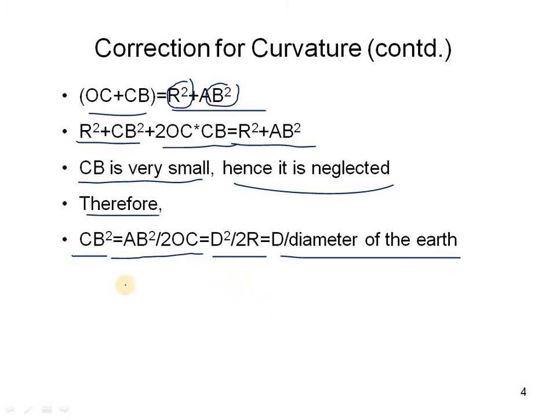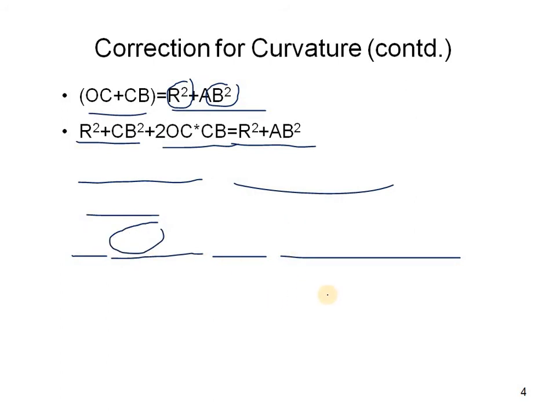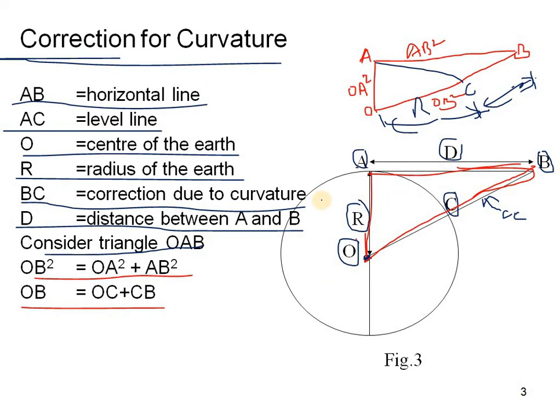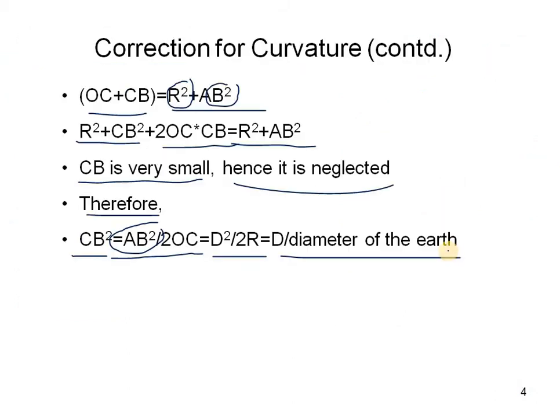The AB means it is capital D, that's why we wrote D square, and 2OC is 2R, which is the diameter.